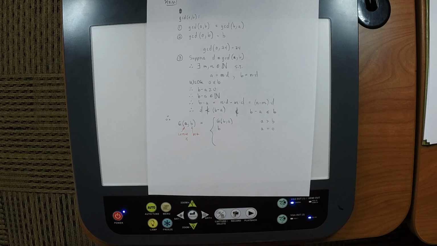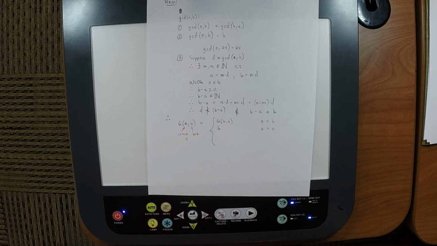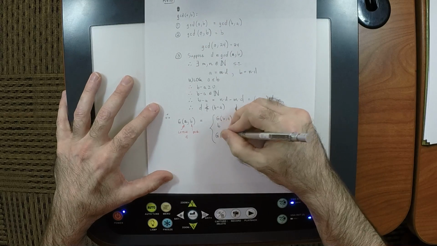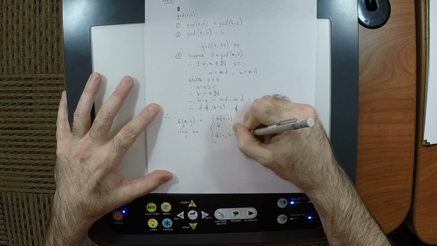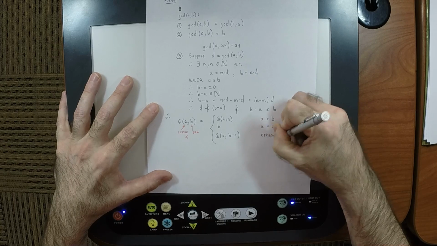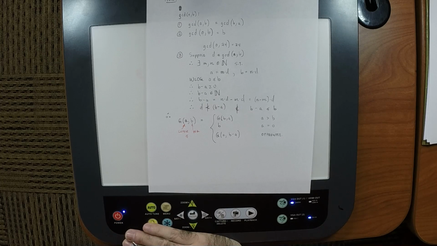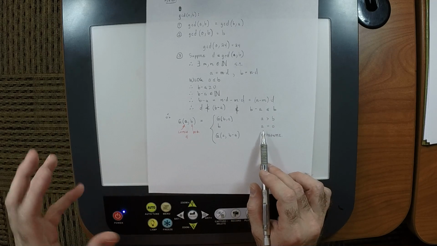Okay, and then finally, if they're in the right order and the little one isn't 0, then that means that we're not able to make a conclusion, but at least we can make some progress. And the progress that we can make, according to 3 there, is that the GCD of A and B is the GCD of A and B minus A. And the reason why that's progress is because B minus A is definitely less than B. It's definitely less than B because A is positive, right?